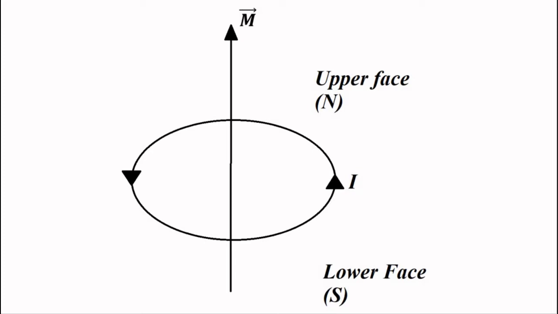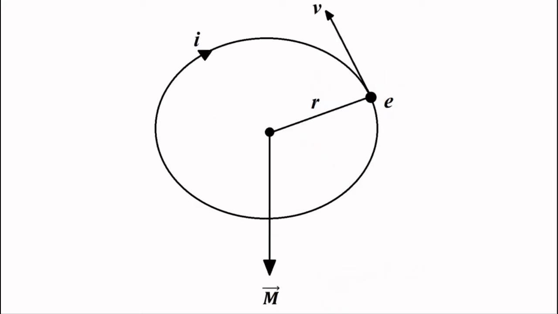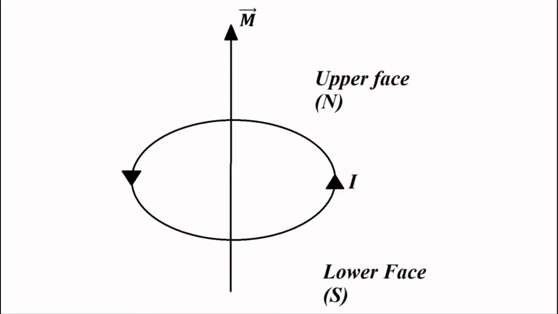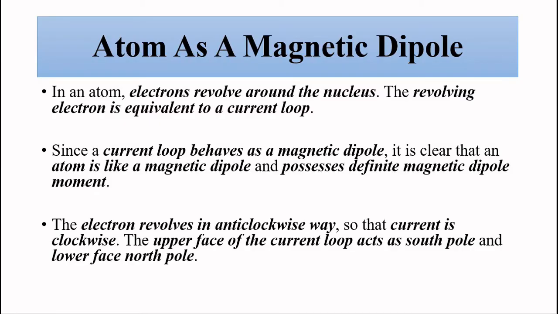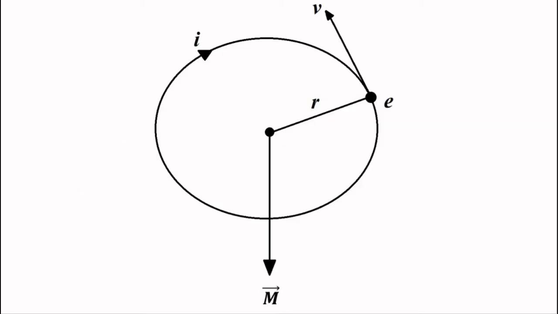Similarly, when an electron revolves around the nucleus with a certain velocity, a current flows in the opposite direction, because current direction is always opposite to the electron movement direction. So this current flowing is similar to this plane loop of current, and that's why the atom behaves as a magnetic dipole as a whole, because of the movement of electrons in the various orbits around the nucleus.